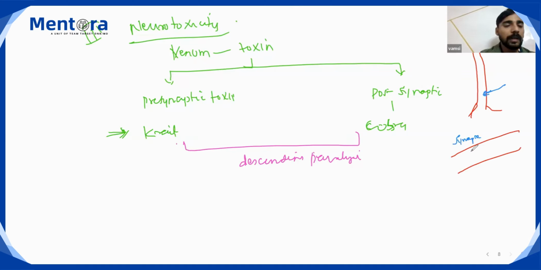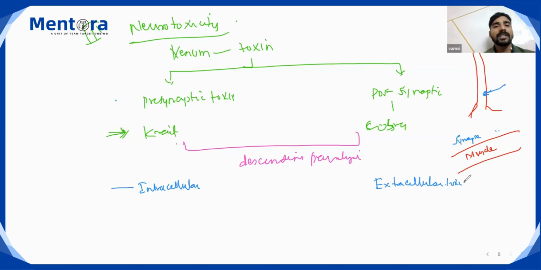This is what is called the muscle. So your presynaptic toxin is always intracellular. But postsynaptic is present in the synapse, so it is an extracellular toxin. So presynaptic is intracellular and postsynaptic is an extracellular toxin.